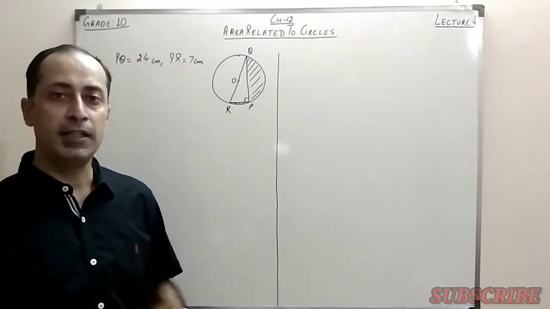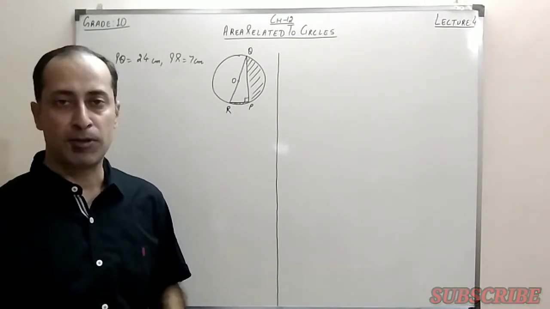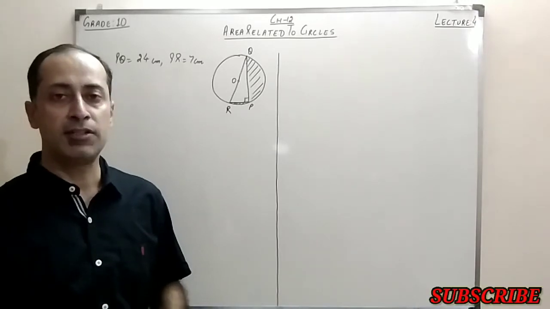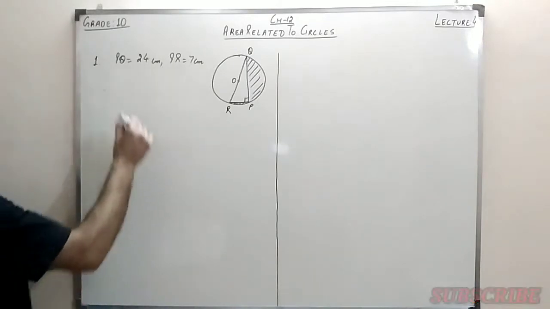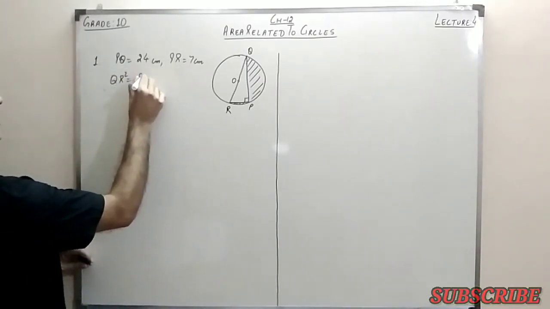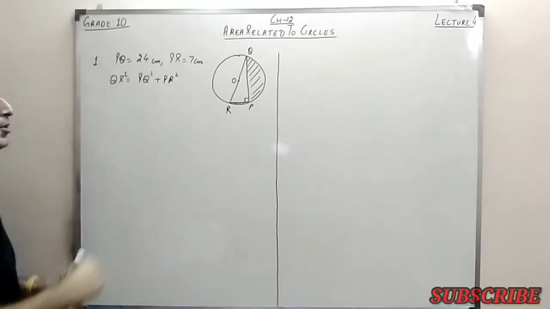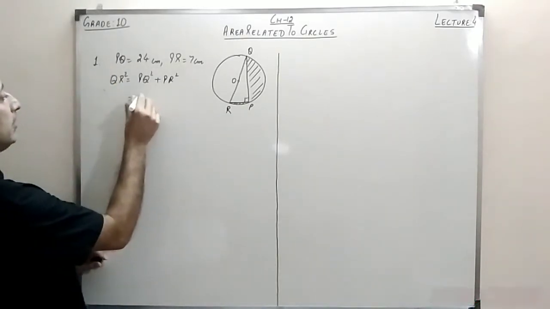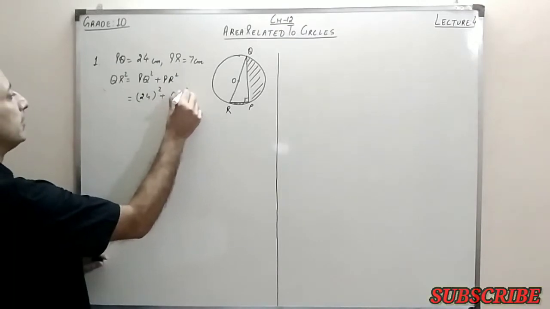Now how can we find the hypotenuse of the triangle? We have learned in our geometry the Pythagoras theorem. According to the Pythagoras theorem, base square plus height square is equal to hypotenuse square. So we use that identity. We write it here as QR square equals PQ square plus PR square. Now when you substitute the values and simplify, this is 24 square plus 7 square.